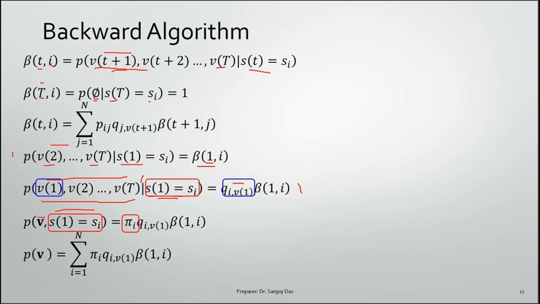And then I do the summation over all possible S_i's here, and I get P of V equals this summation over all possible i's of this quantity here, which is pi_i q_i(v_1) beta_1(i). So that's how I get P of V, the probability of the given sequence V. I have to use beta_1(i).